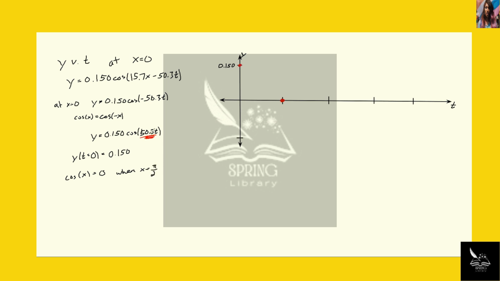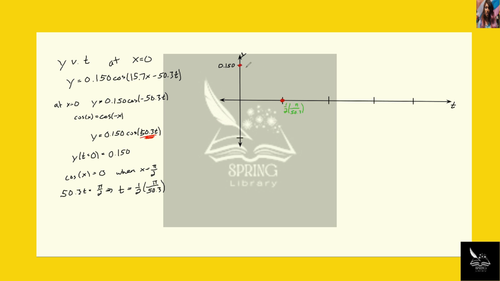So what we can do is set the argument of the cosine equal to pi over 2. So 50.3t equals pi over 2. And solving for t, we get t equals 1/2 times pi over 50.3. And so we can label this point here as 1/2 times pi over 50.3.